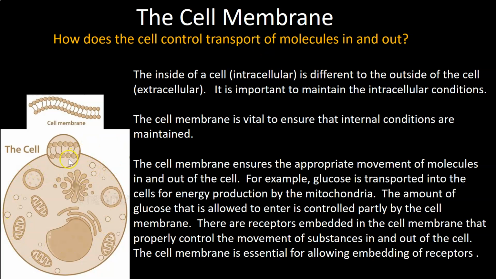The cell membrane is made up of what we call a lipid bilayer, which means it's basically made up of fat. Now we're not going to really talk about the structure of the lipid bilayer, but just to say that this is important. The lipid bilayer is made up of several fats, but cholesterol as well.